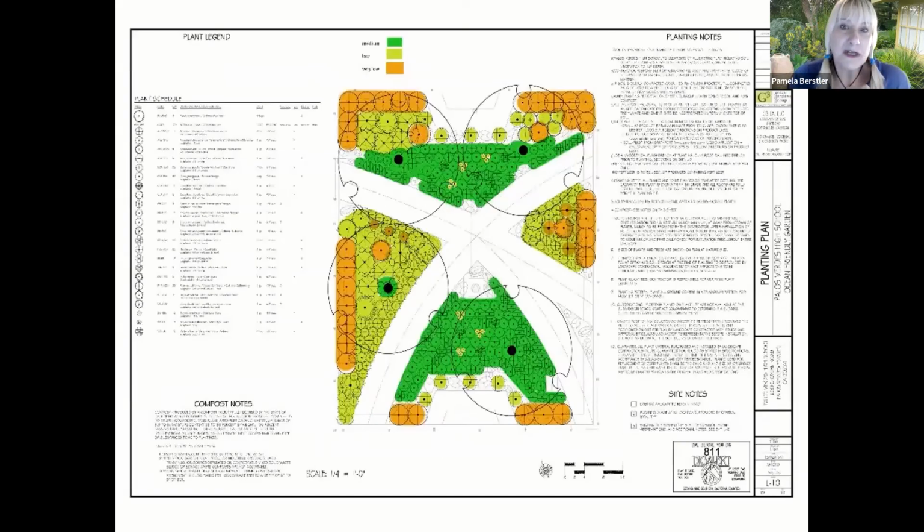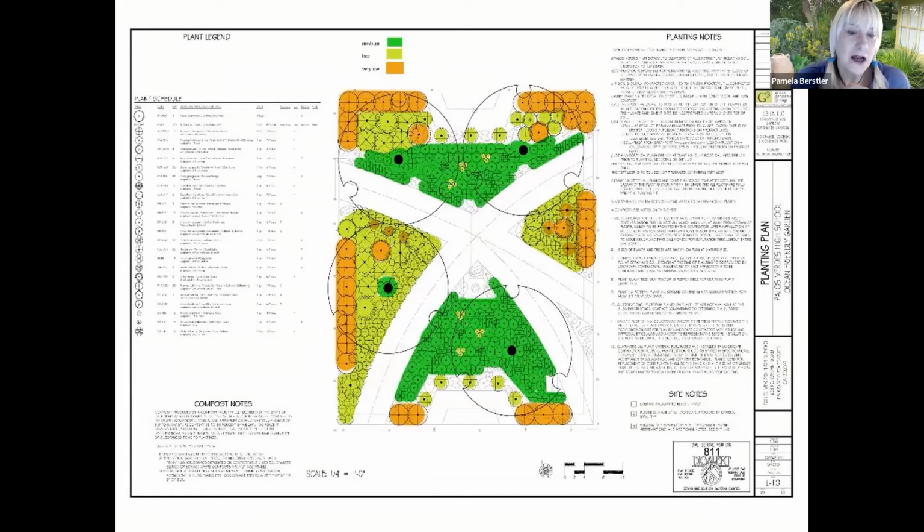And this is really what a plan with hydrozones looks like. When we're doing design work, when we're evaluating a landscape, and not even doing design, but just evaluating it, trying to determine how much water this landscape would require.